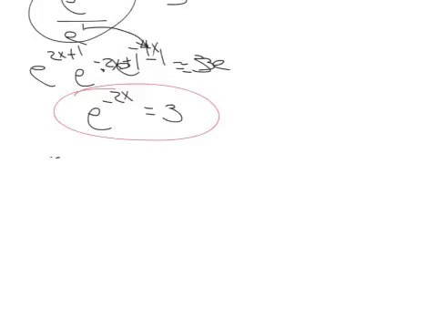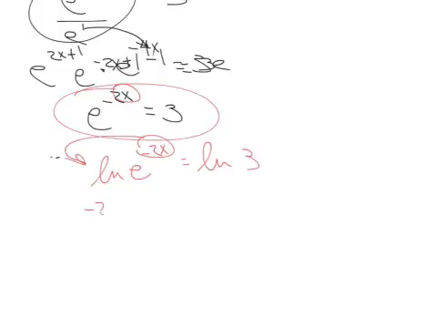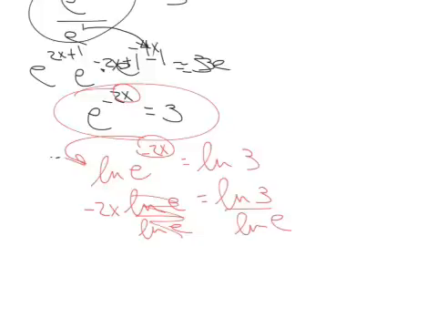Alright, next step. Let's see here. Since we're looking for x, and it's in the exponent, let's go ahead and write this in logarithmic form. And remember what you do with exponents. Now I divide by ln of e, and those go away.